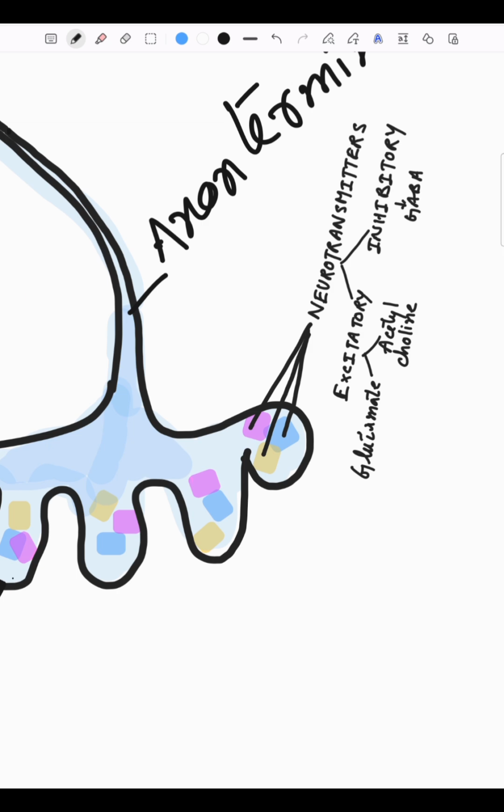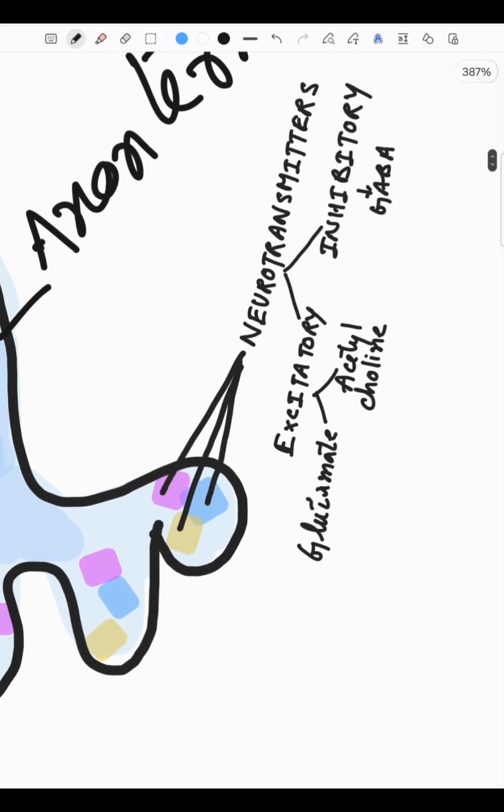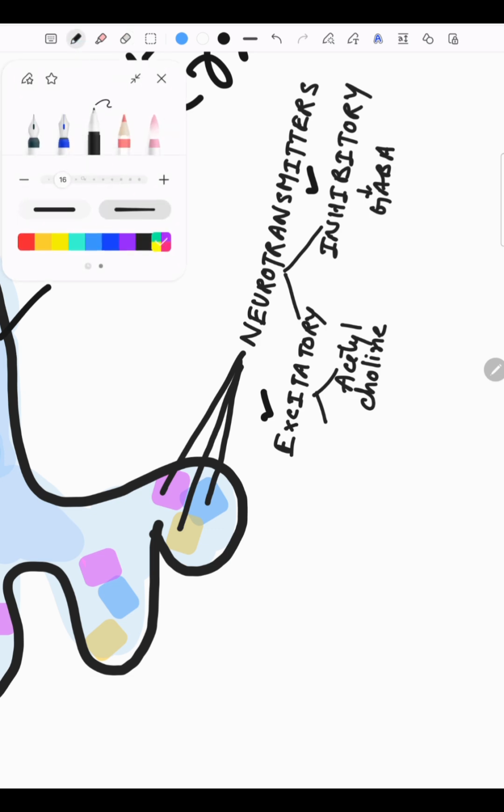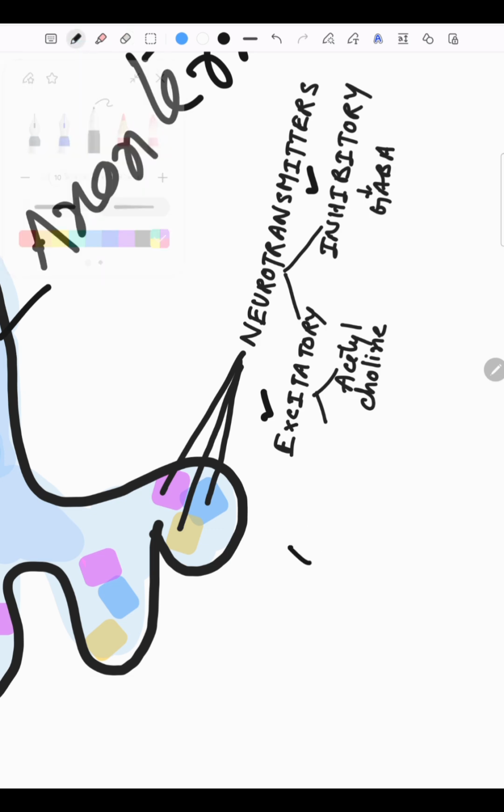There are two kinds of neurotransmitter: excitatory neurotransmitter and inhibitory neurotransmitter. Excitatory neurotransmitters are glutamate and acetylcholine.